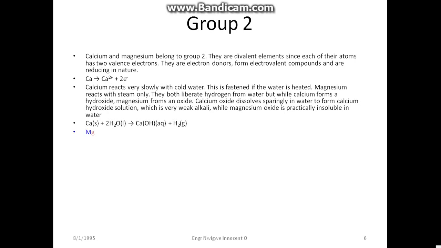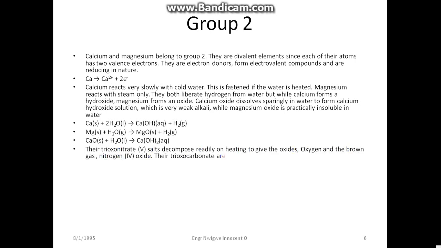Magnesium solid plus 1 molecule of water gas, that is steam, to give magnesium oxide solid plus hydrogen gas. 1 molecule of calcium oxide plus 1 molecule of water liquid to give 1 molecule of calcium hydroxide, which is aqueous.